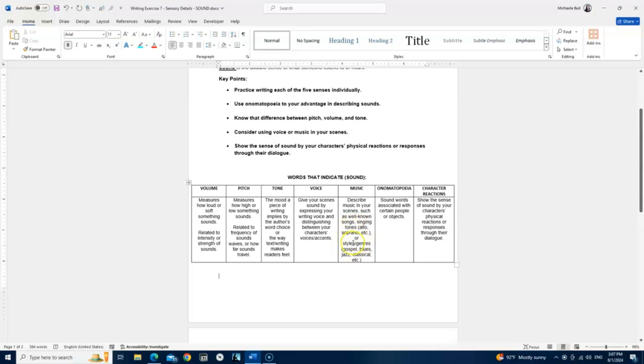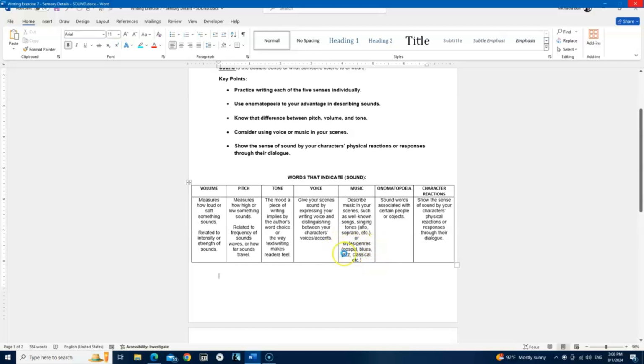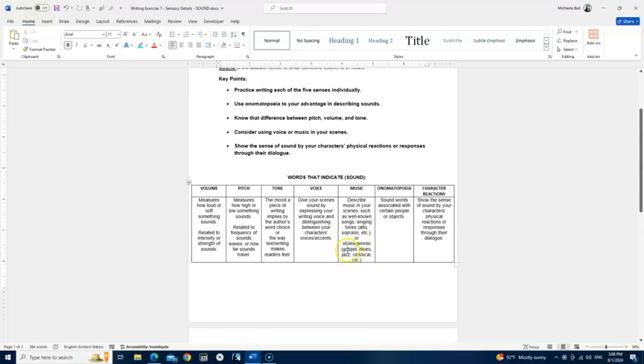And finally, just different styles or genres of music, such as gospel, blues, jazz, classical, etc. You can include different types of music styles or songs within those genres to show the sense of sound.